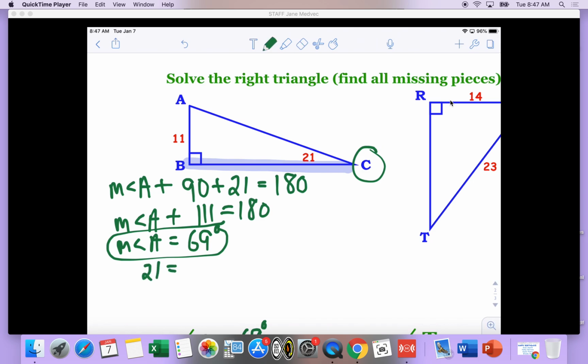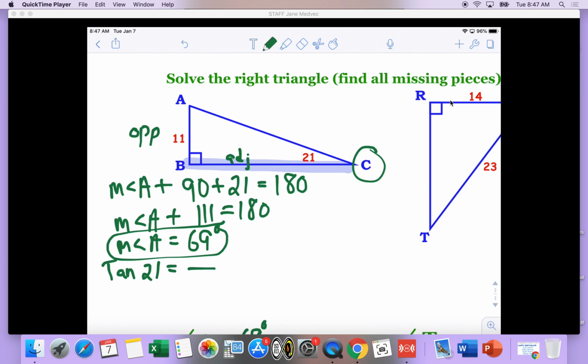equals. What are some things that I've got now? I've got 11, so how is 11 in comparison to 21? It's the opposite. And how is BC in comparison to 21? It's adjacent. So which trig function am I going to use? Tangent, right? So I'm going to pick tangent 21.